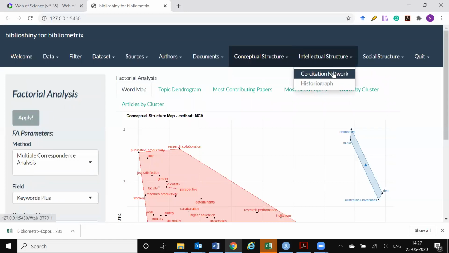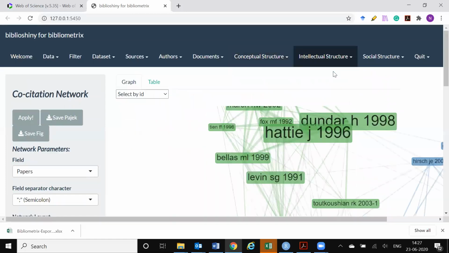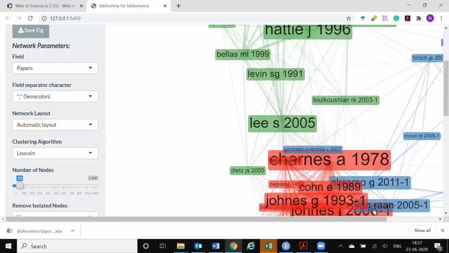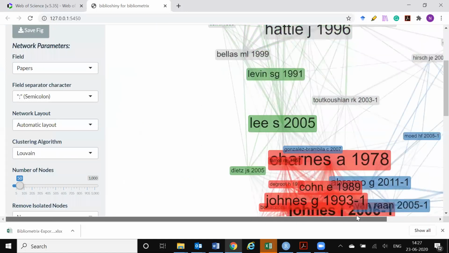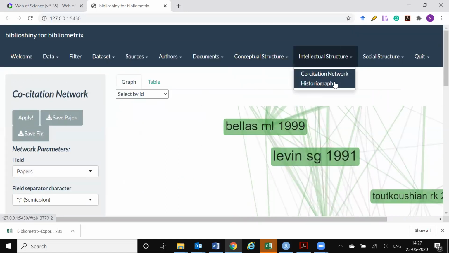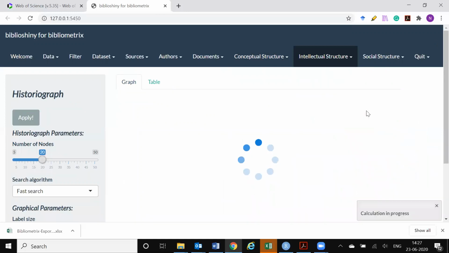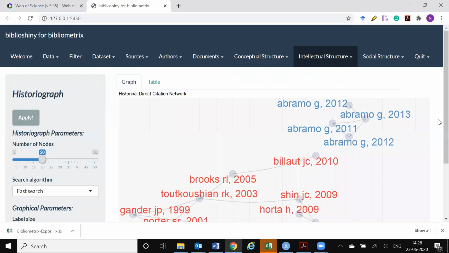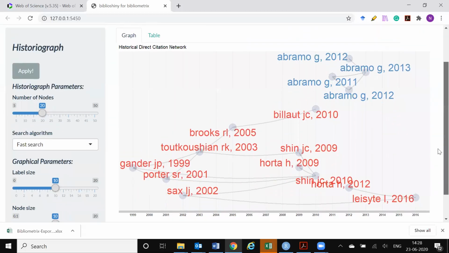The intellectual structure is mainly, of course, citation networks. These are networks of people who have cited each other. More than this particular graph, I find the historiography graph quite useful. This graph shows how different authors have cited each other.